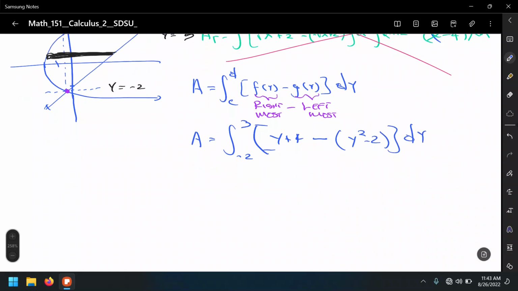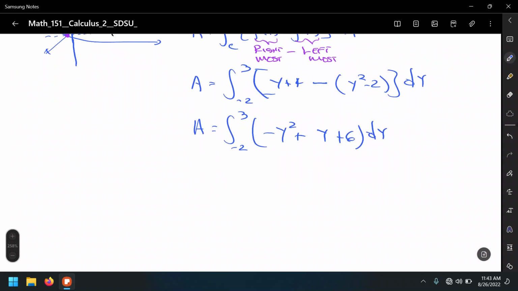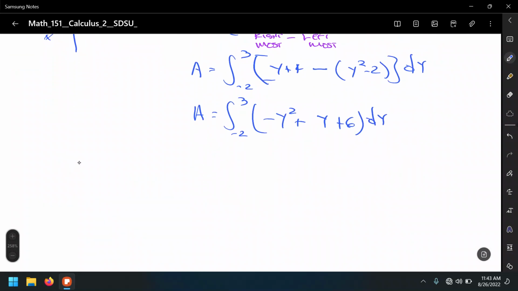This integral looks very similar to one we did before. So the area is equal to the integral from -2 to 3 of -y squared plus y plus 6, and integrating the same way, that's -y cubed over 3 plus y squared over 2 plus 6y from -2 to 3.